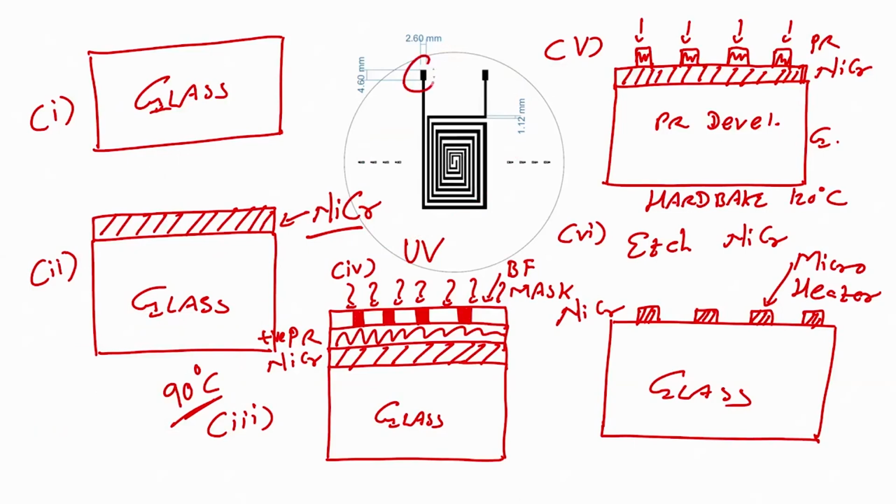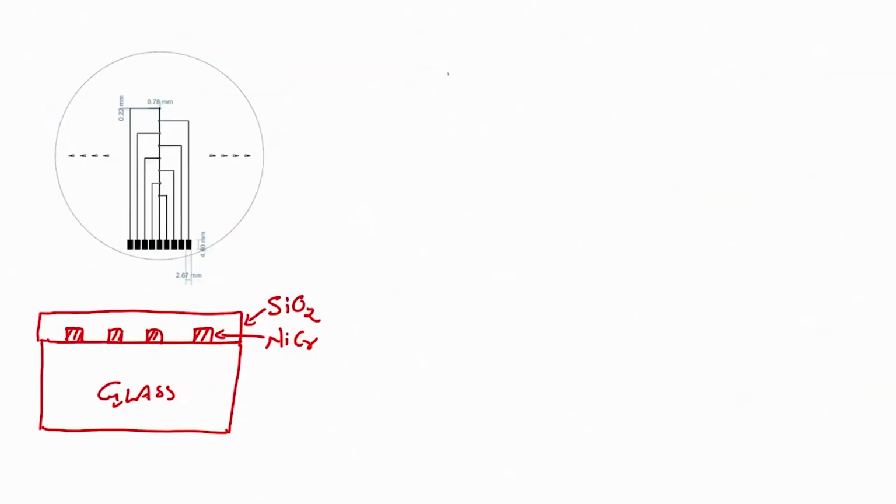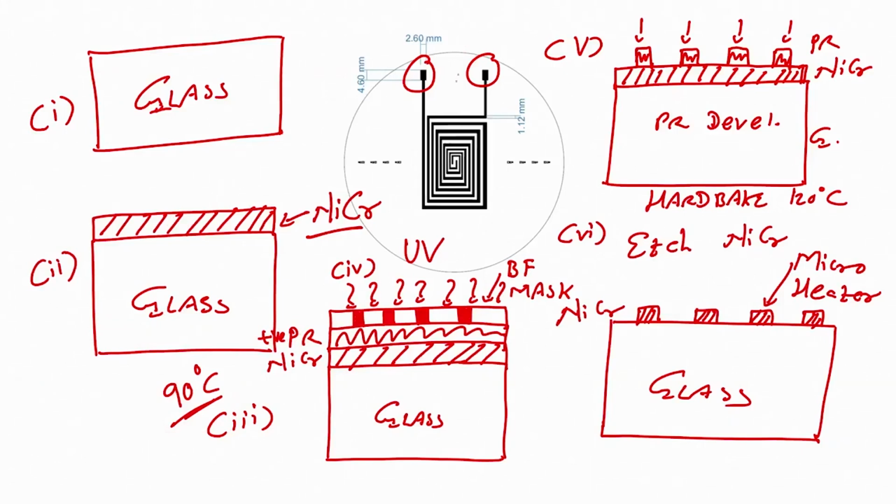You do not want silicon dioxide on the contact pads, right. Because if there is silicon dioxide on a contact pad, you cannot apply any voltage, it is an insulator. So, you have to perform photolithography such that the silicon dioxide from the contact pad is removed, is etched. Okay.